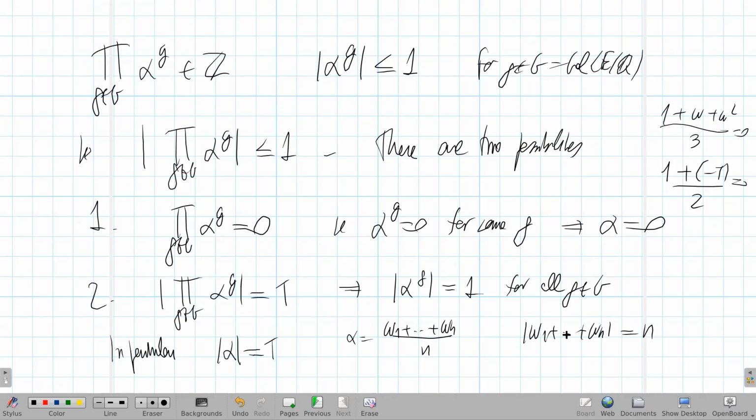And this is exactly the first lemma, okay? The first lemma tells you that if you have elements of absolute value 1 and the absolute value of the sum is n, by the previous lemma, all these have to be equal. And so they have to equal alpha, okay?